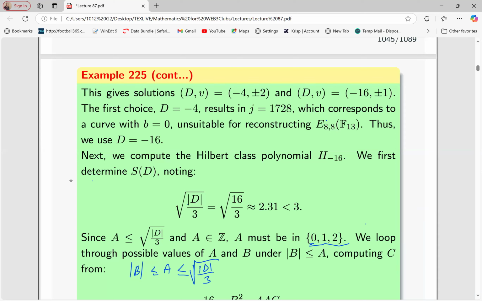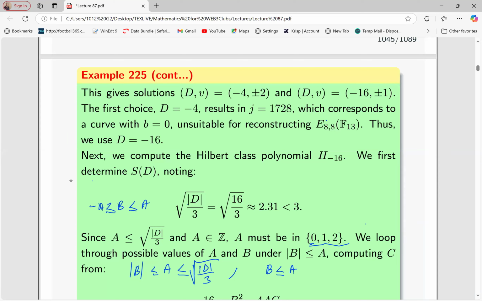The other one is that B must be less than or equal to A. And the other one is that B must be in the range of negative A to A. B must be in this range.